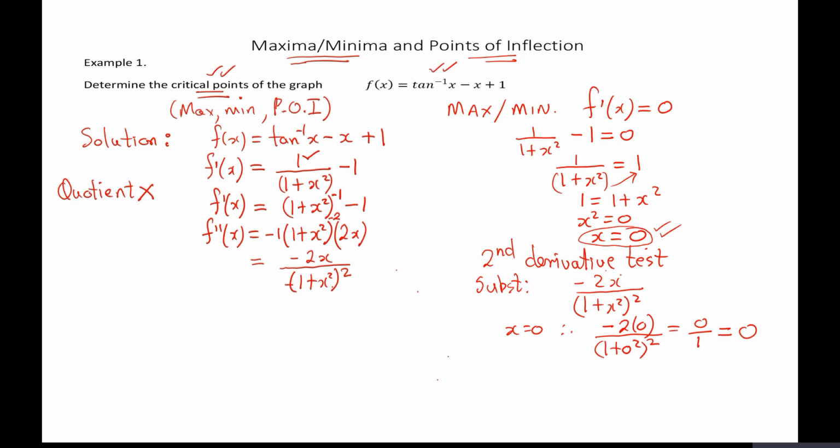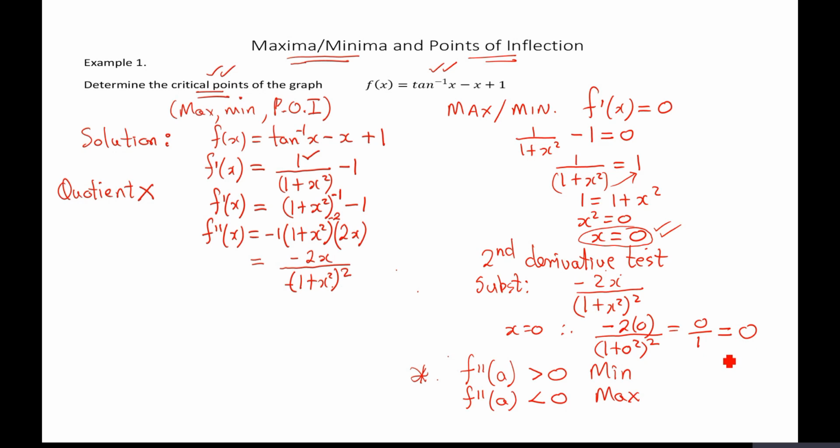So what does that make? X equal to 0, a maxima, minima? Well, this is where we need to know our theory. The theory states if the second derivative at a particular point is greater than 0, then it's a minimum. On the other hand, if the second derivative is less than 0, then it's a maximum.